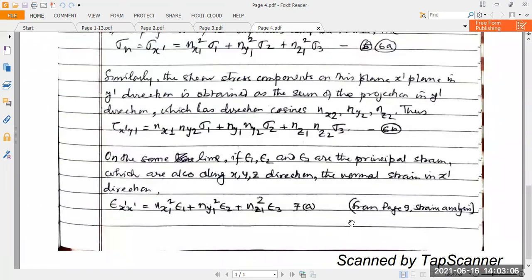At the same time, if epsilon 1, epsilon 2, and epsilon 3 are the principal strains, which are also along the x, y, z directions, the normal strain in the x dash direction is given by this equation: nx1 square epsilon 1, plus ny1 square epsilon 2, plus nz1 square epsilon 3.